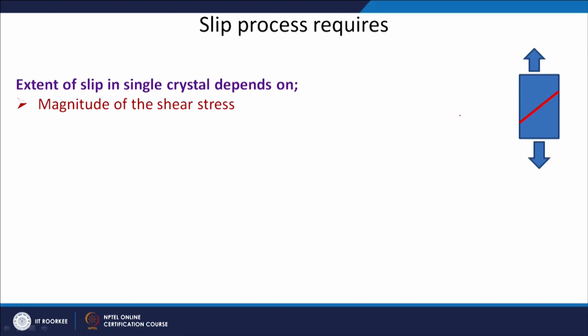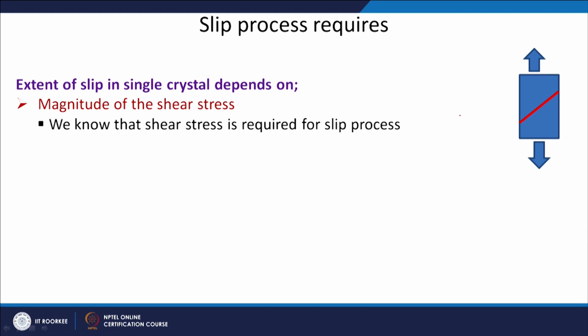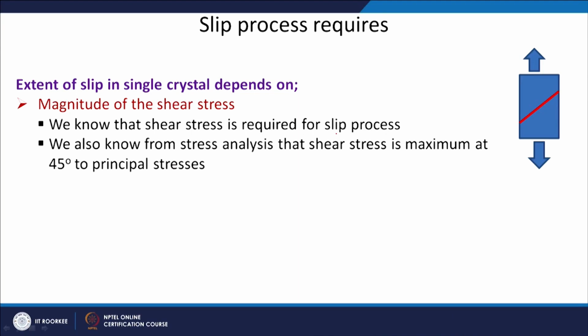Now, looking at the slip process, the extent of slip in a single crystal depends on the magnitude of the shear stress, as we have just discussed when we were discussing the Tresca criterion, that is, the maximum magnitude of shear stress. We also know from stress analysis that shear stress is maximum at 45° to the principal stresses.